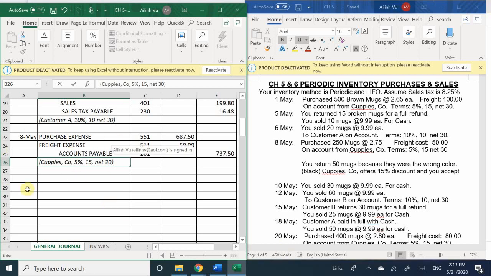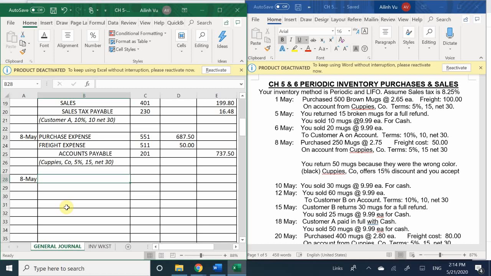All right, so what is next? 10 May, you sold 30 mugs. Wait, no, you're jumping ahead too much. Are we still on May? Yes, we are. What happened now?